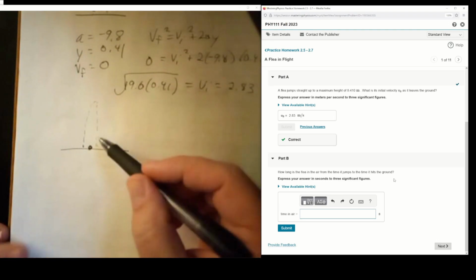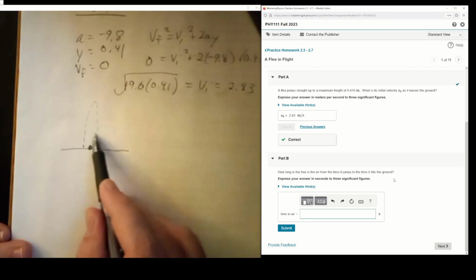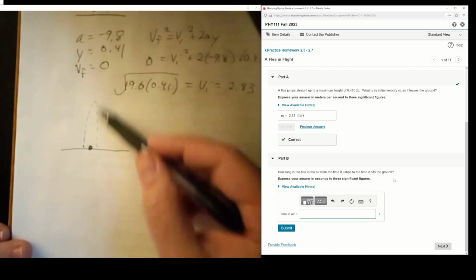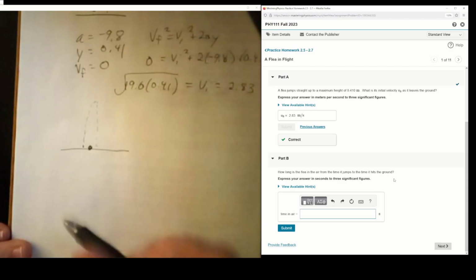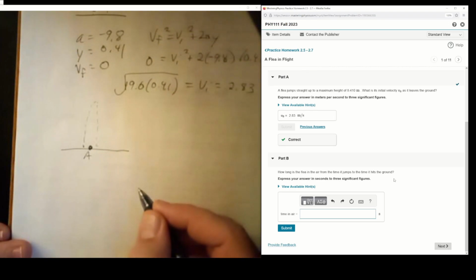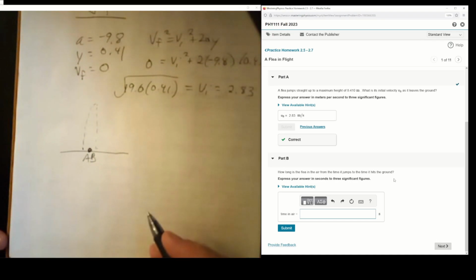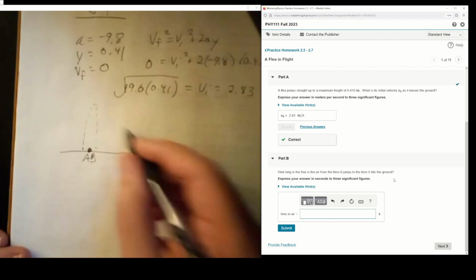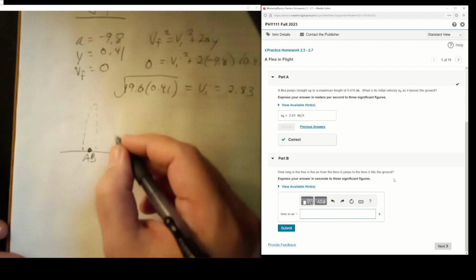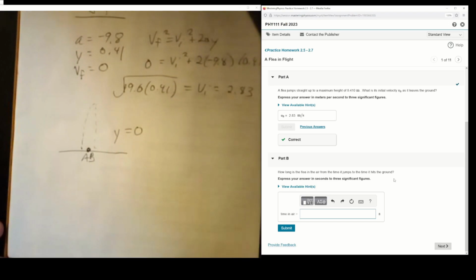The flea starts here and also ends here, because it just jumps straight up and comes down. So the displacement is 0. The flea started from A, jumped up, came back down, landed at the same point. So its total displacement in the y direction is 0.